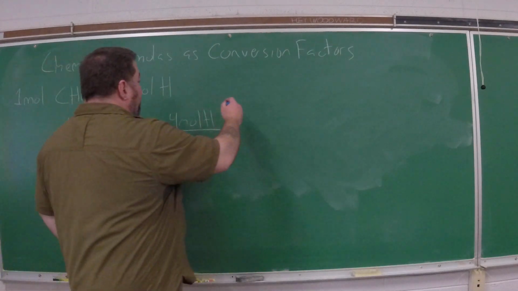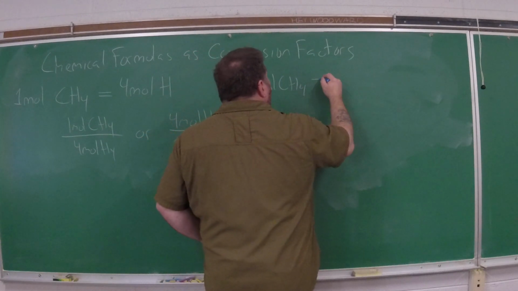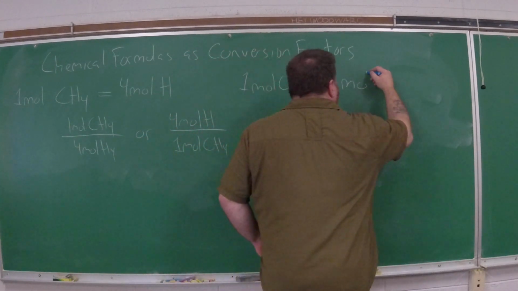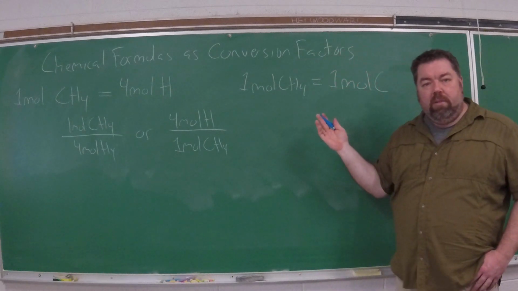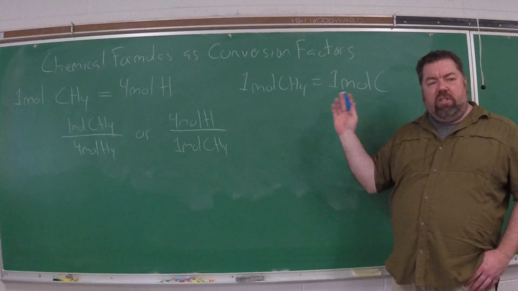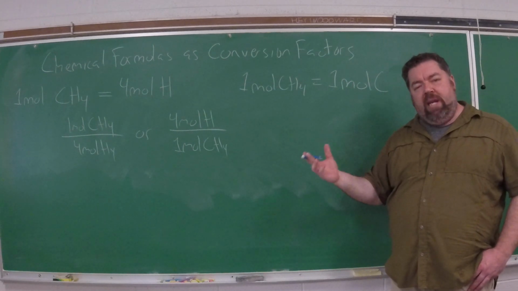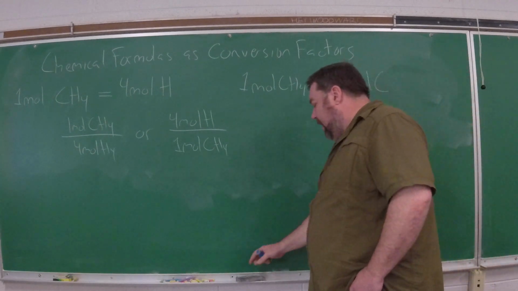We also have, for every 1 mole of CH4, 1 mole of carbon, correct? So again, it's just a conversion factor, okay? This information is in the chemical formula. It's there. You have to pick it out when you need it. Let's go take a look at another example.